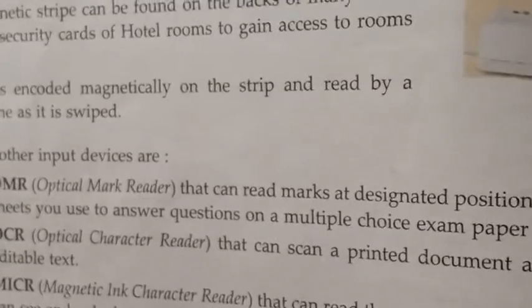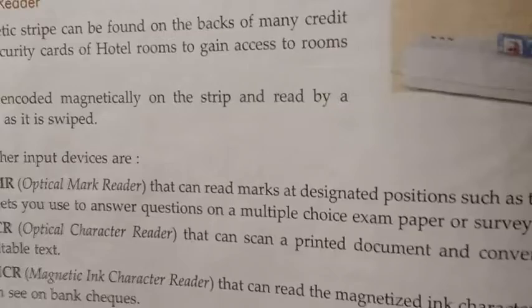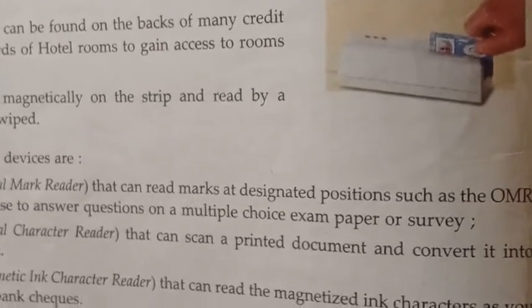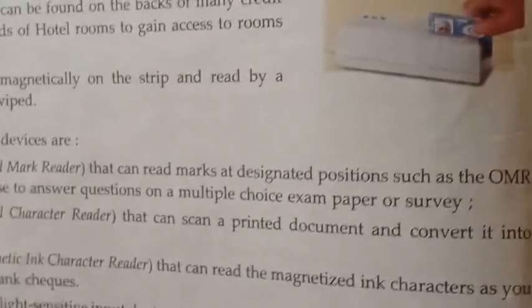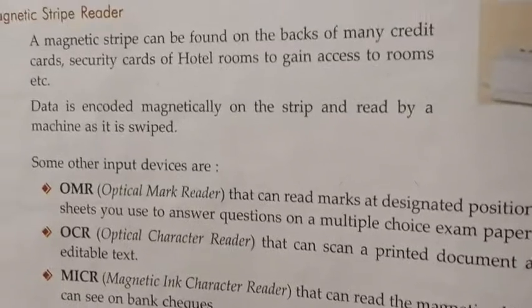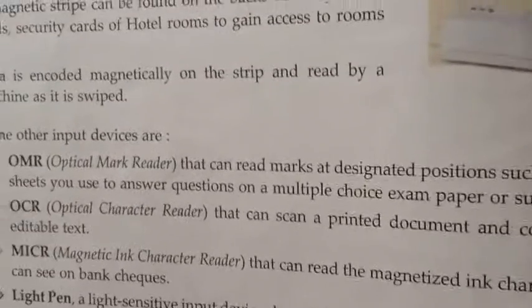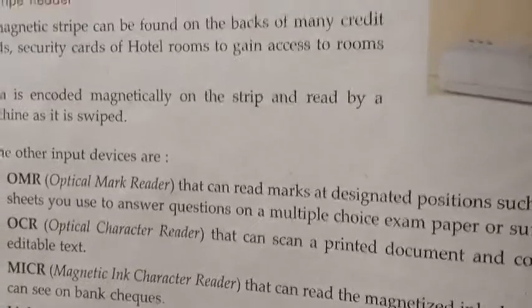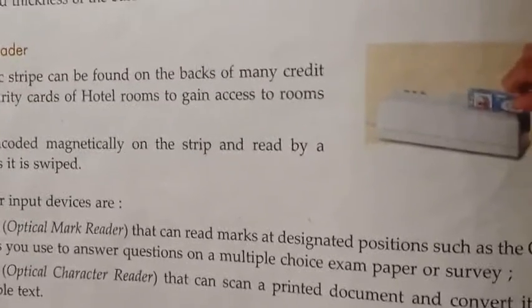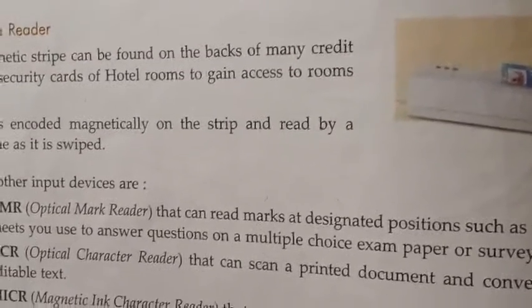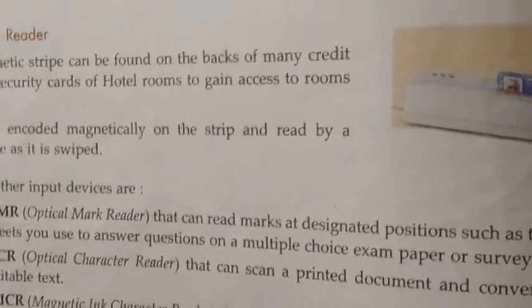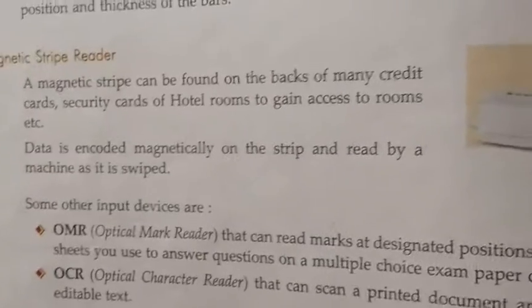Here is the definition: it can read marks at designated positions, such as on an OMR sheet. You can use it for the answers of a multiple choice exam paper. Nowadays all competitive exams use OMR sheets, which we read using an optical mark reader.